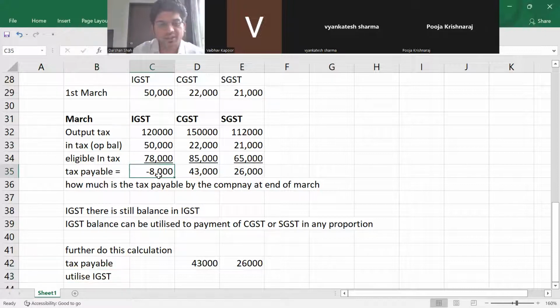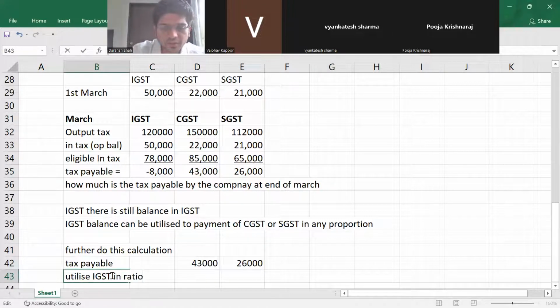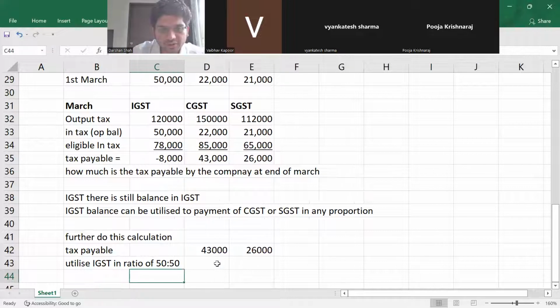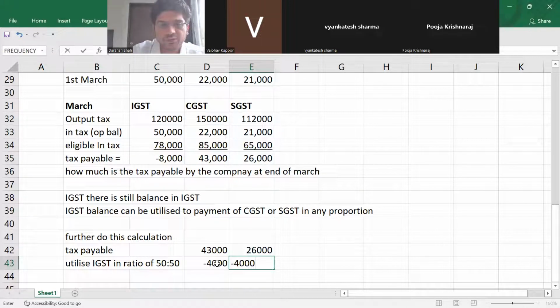Negative balance means I am having that much balance. I will further utilize this IGST in the ratio of 50:50. So 8,000 balance was left. So this will be 4,000, negative 4,000, negative 4,000.